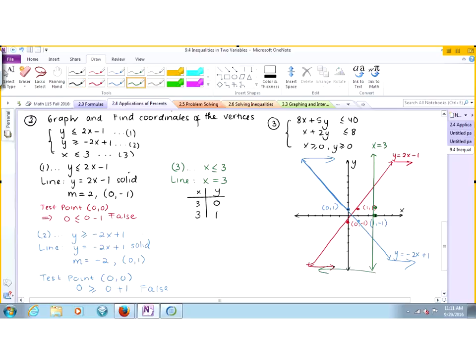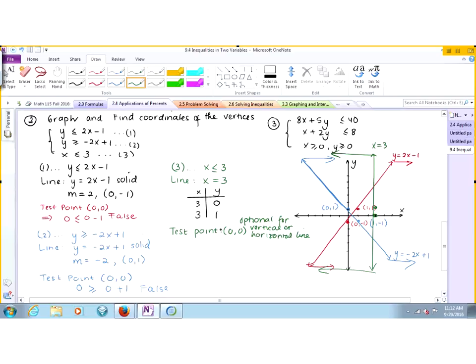So if your lines are special lines, vertical and horizontal, then you don't have to choose a test point. I mean, it's optional. So just say you want to choose a test point. What would you choose? But this is optional for vertical or horizontal line.